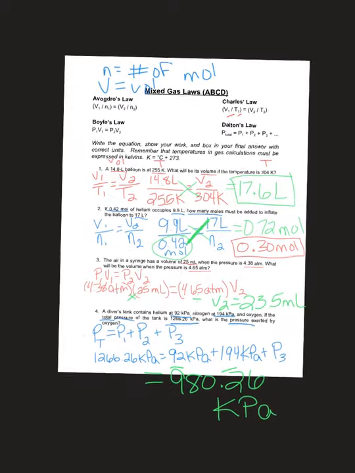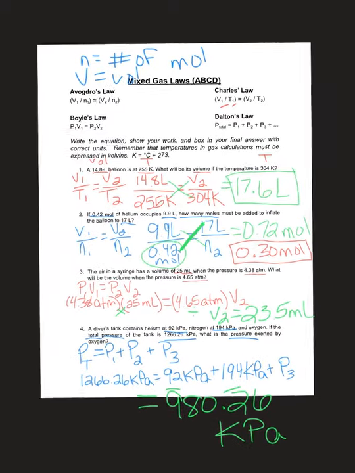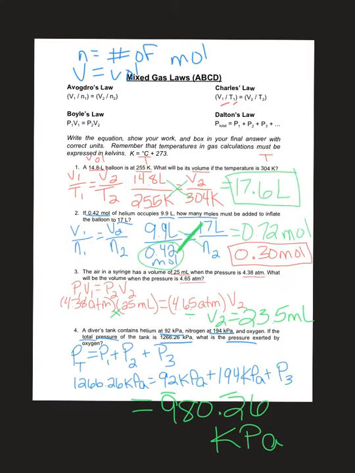Okay, so you have this handout yourself. Go ahead and write this down. Keep it in your notes. Look it over. Remember, your first step, figure out which law you're using. Read the problem. Identify the variables. Which law has those variables?